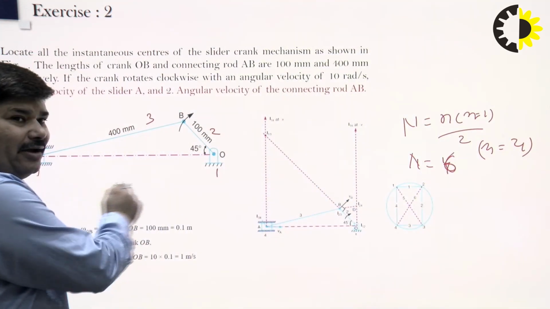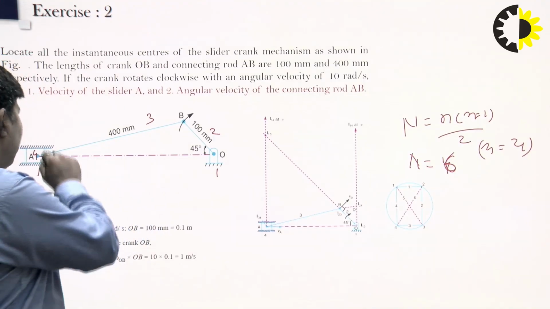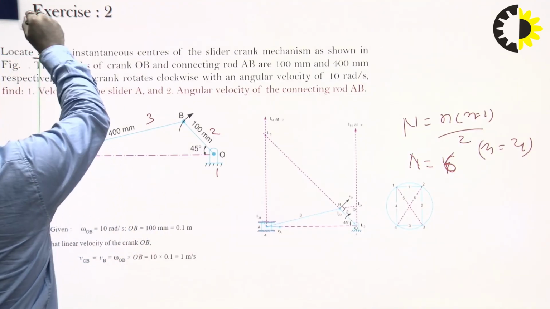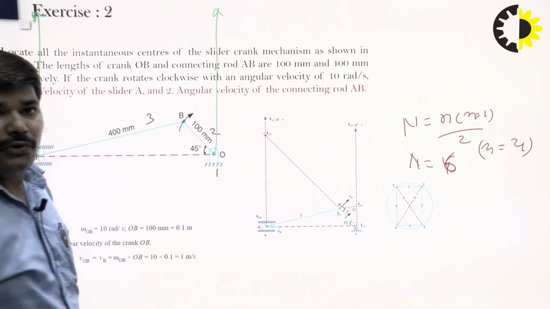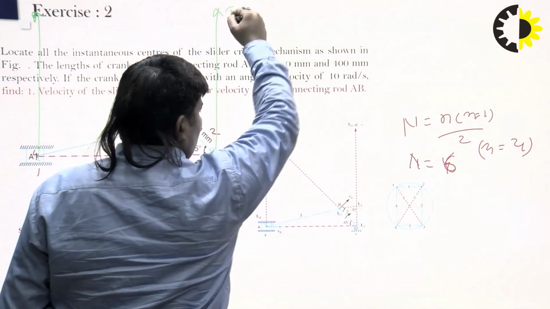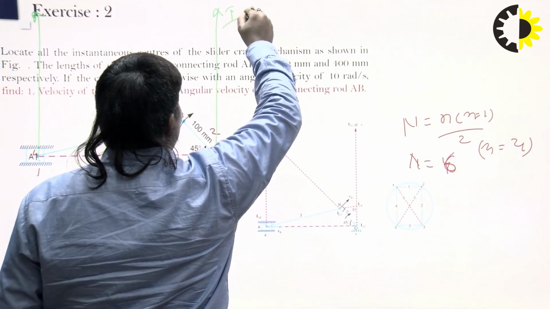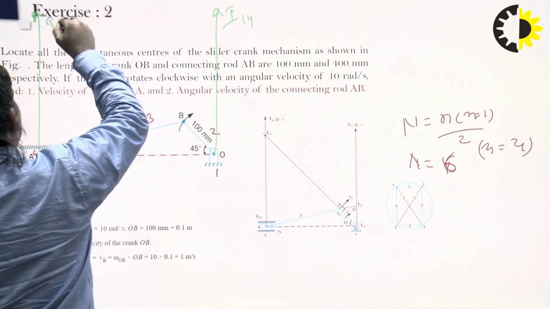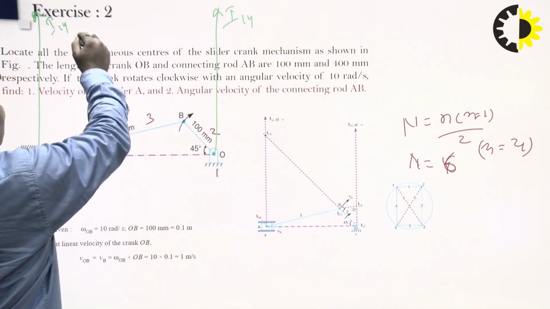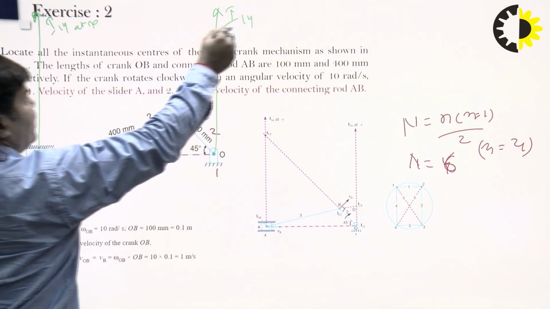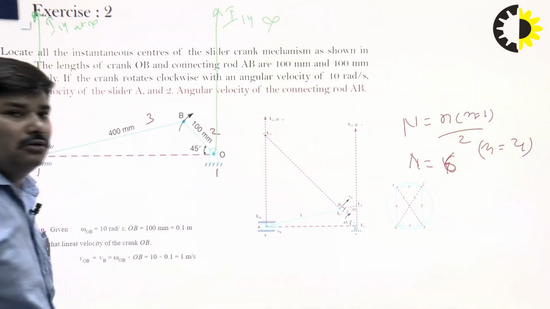The slider moves along this line, so the instantaneous center between them is at infinity, and this becomes I14 because it connects 1 and 4. So I14 will come at infinity and it moves along this direction, right.